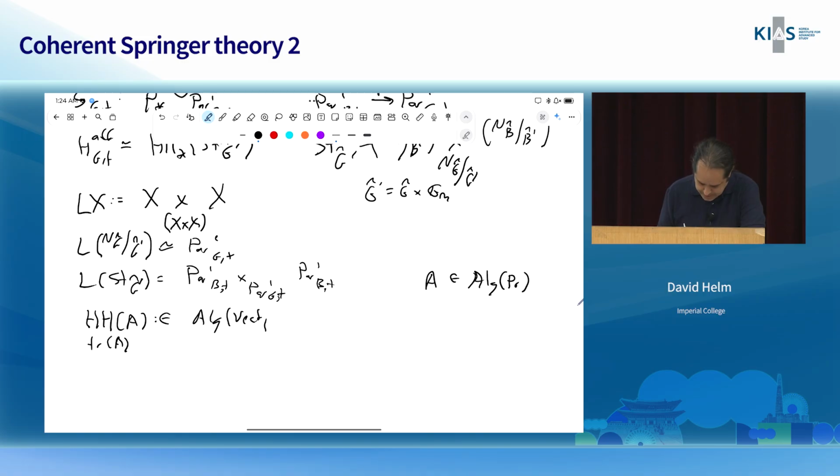This is an algebra in Vect of Q l bar. All of our categories are Q l bar linear.